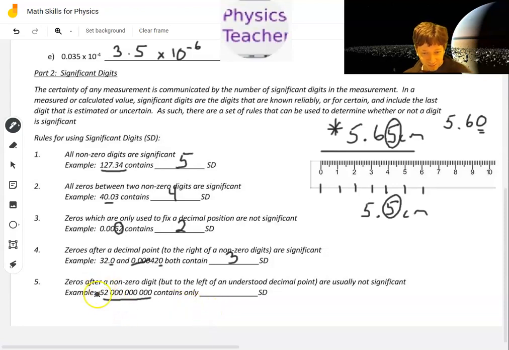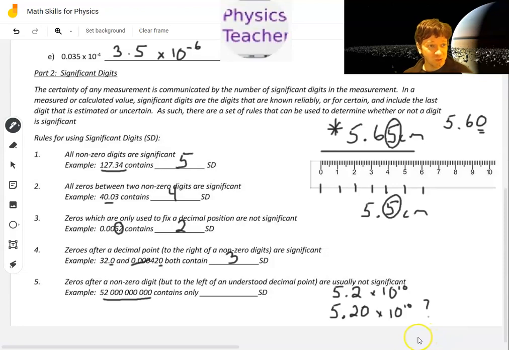So looking at this number, well, I could put it in scientific notation. I can write 5.2 times 10 to the 10. But is it 5.2 times 10 to the 10? Or is it 5.20 times 10 to the 10?